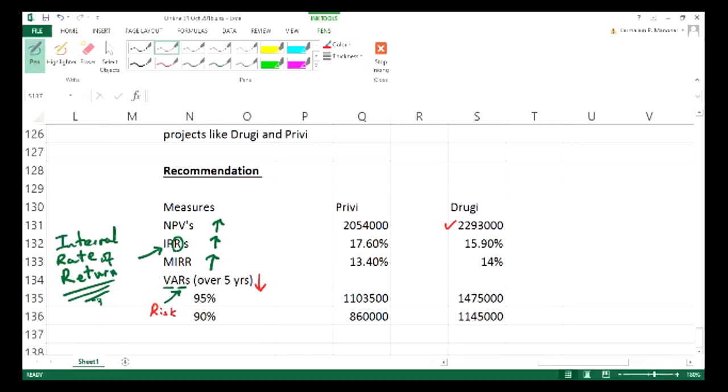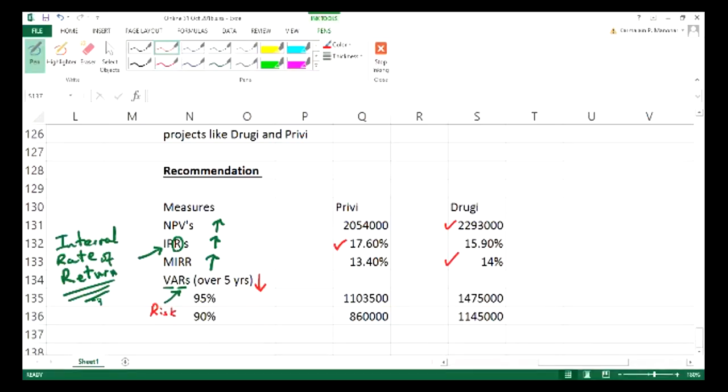On IRRs, looking for the higher, we will come over here to Privy B. On MIRRs, we're going back to Draghi. Even if we had a 3.98 and you tried to round it to one decimal place, we've gotten back to 14.0.